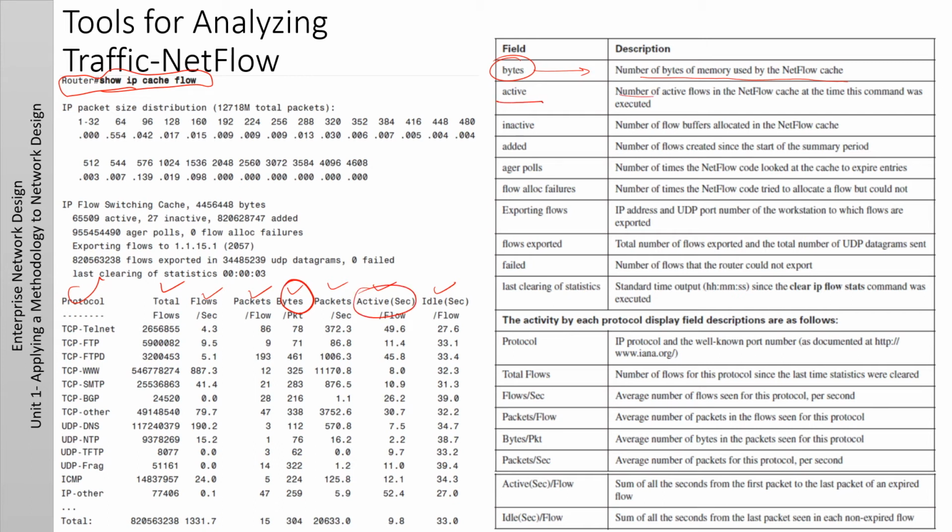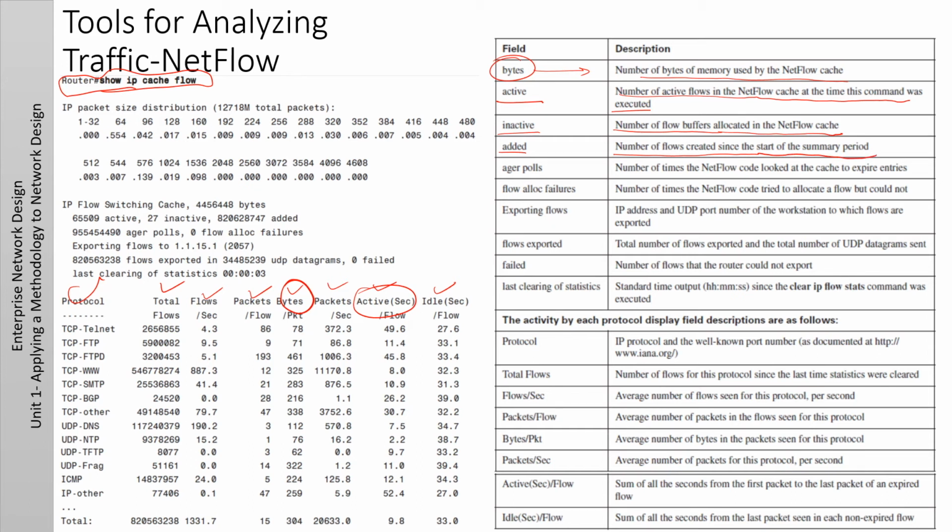So number of active flows in the NetFlow cache at the time this command was executed. Then inactive. Inactive is the number of flow buffers allocated in the NetFlow cache. Okay. Added. Added is the number of flows created since the start of the summary period.